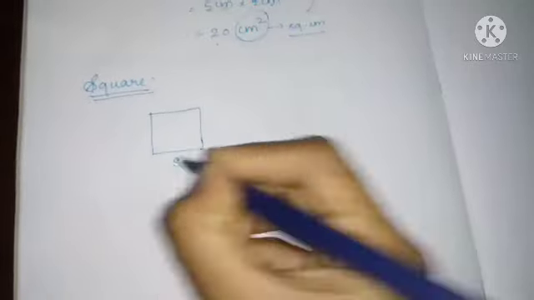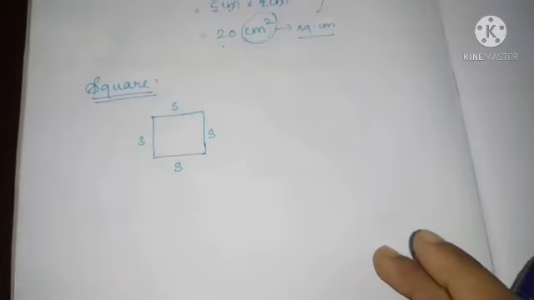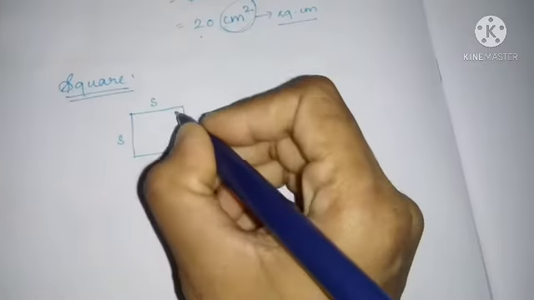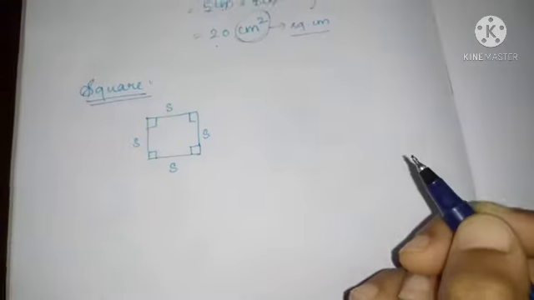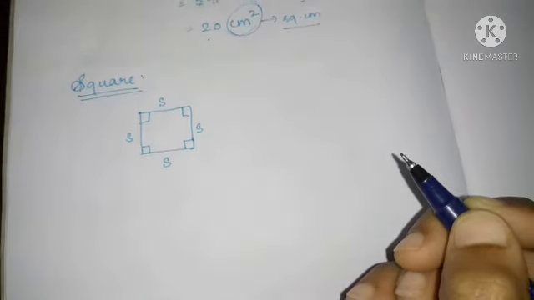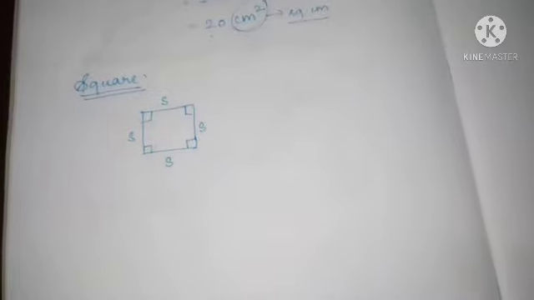So if this is a side, this is also a side, this is also a side, this is also a side. Then all the 4 angles are equal, which is 90 degrees. Then diagonals will also be equal. These are the basic properties of a square which you have to know.